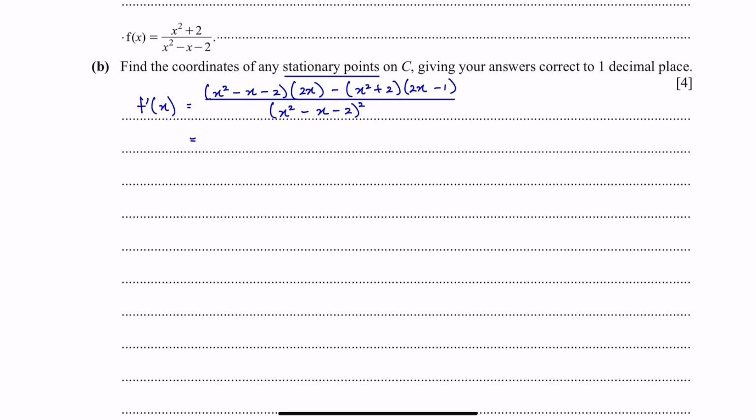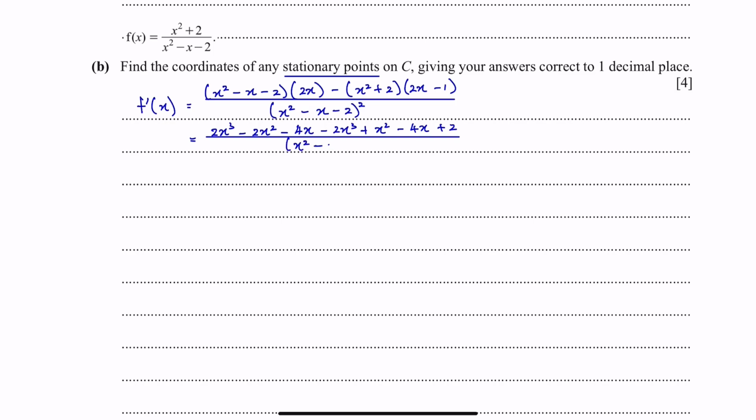So this would be 2x cubed minus 2x squared minus 4x, minus 2x cubed plus x squared minus 4x plus 2, over the denominator.